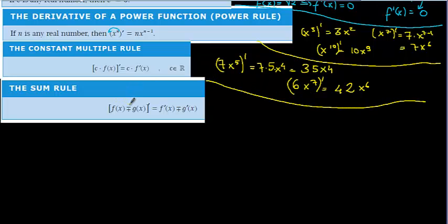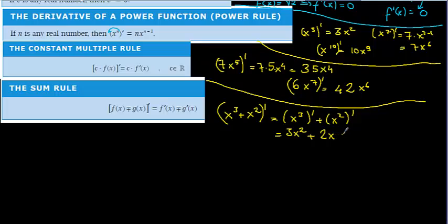Here, the sum rule, addition and subtraction is not going to affect our operation. X to the power of 3 plus x to the power of 2 derivative, the derivative of the expressions can be taken one by one: x to the power of 3 derivative plus x to the power of 2 derivative, and the coefficients come in front, 3x squared, we decrease the power by 1, plus 2x it's going to be.